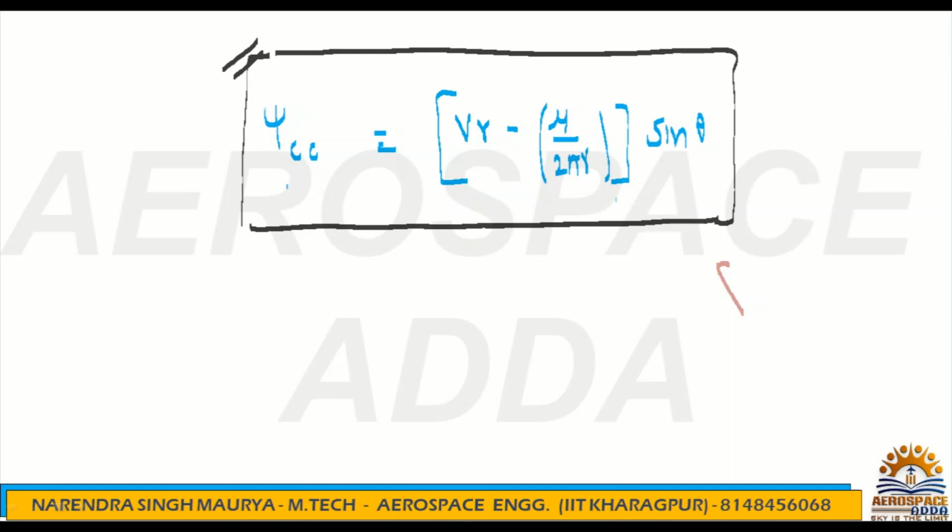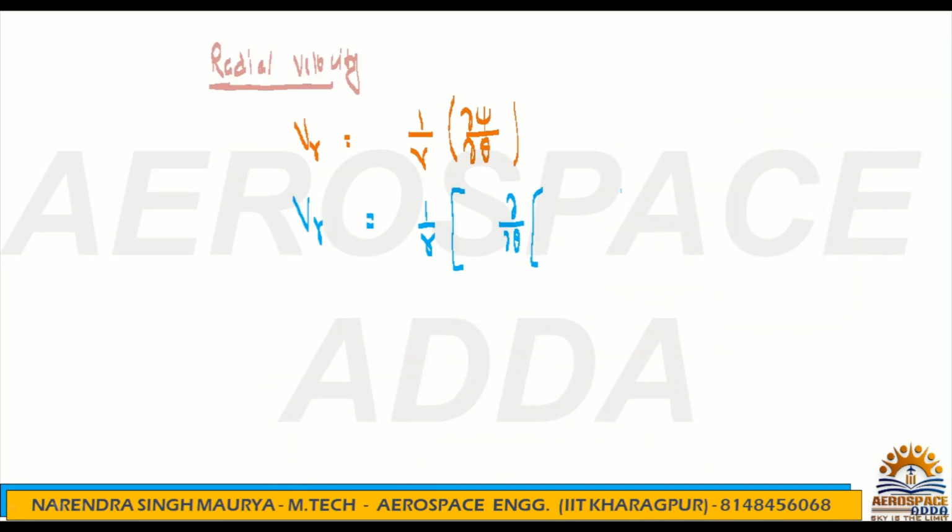So to see what the radial velocity is, you can multiply r inside. You are going to differentiate with respect to theta, so only sine theta is affected, and it becomes cos theta.